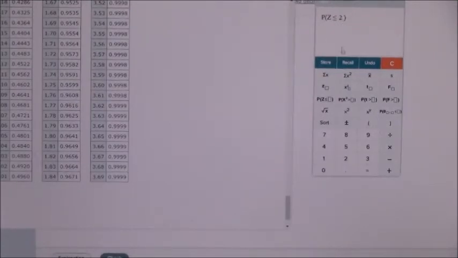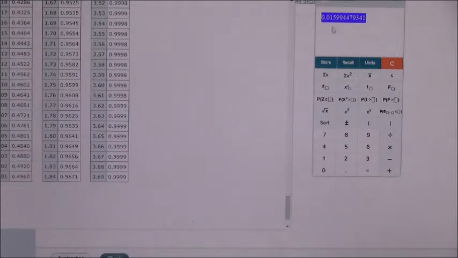There it is. 2.47. And then I'm going to subtract the lower one. So I'm going to do P is less than or equal to 2.00. So the bigger one minus the smaller one, and I would hit equals. And you can see here again, I would have 0.0159. And since that's a 9, I'd round that off to 0.0160.